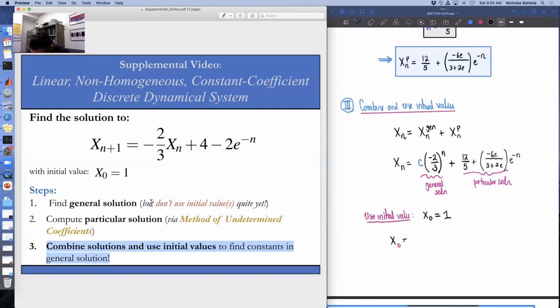We get that this is equal to c times minus 2 over 3 raised to the 0, plus 12 over 5, plus this factor of minus 6e all over 3 plus 2e, times e to the minus 0, or 0.